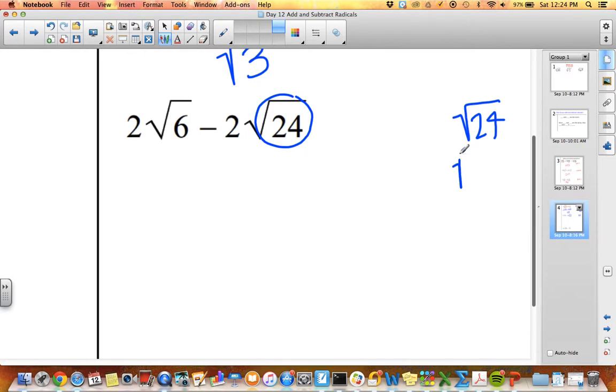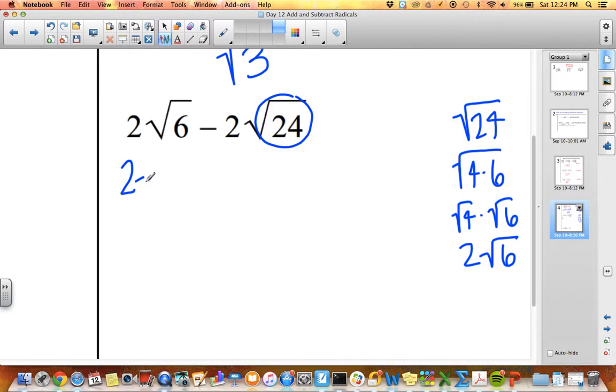Square root of 24, I know 4 times 6 is equal to 24, and 4 is a perfect square. So I break them apart: square root of 4 times square root of 6. Square root of 4 is 2, and I can't simplify the square root of 6, so I have 2 square roots of 6. So I'm going to rewrite this out as 2 square root 6 minus 2.